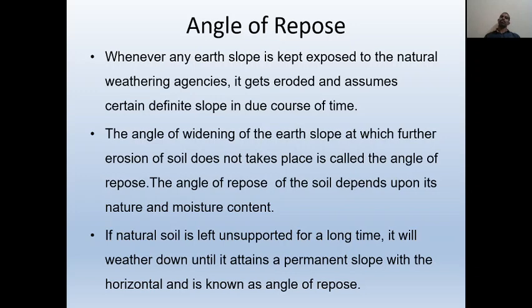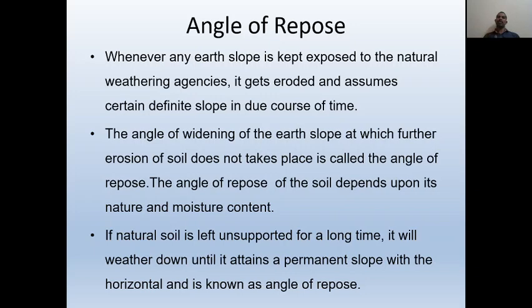It may be 60, 45 also, but over the period when it is subject to water and natural agencies like rain and wind, the heap will try to flatten. That means the side slope of the heap will try to reduce further, and finally, based on its ingredients, its particles of soil and its properties, a final angle will be set.